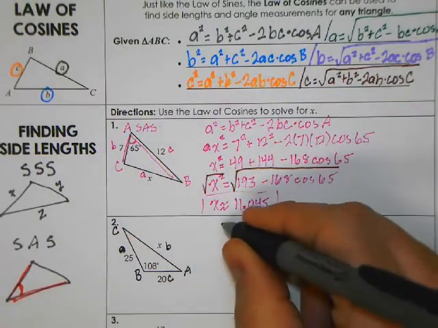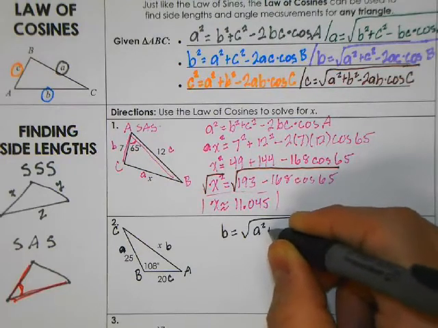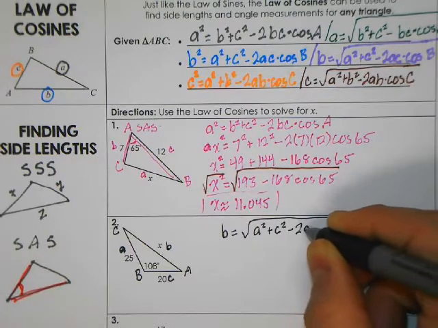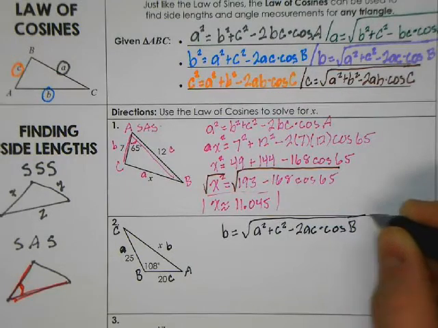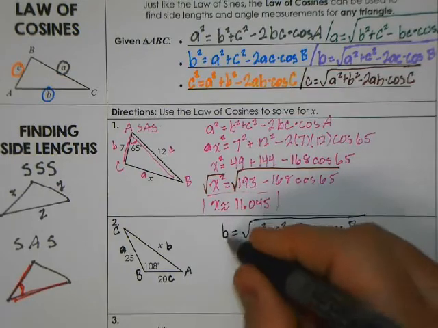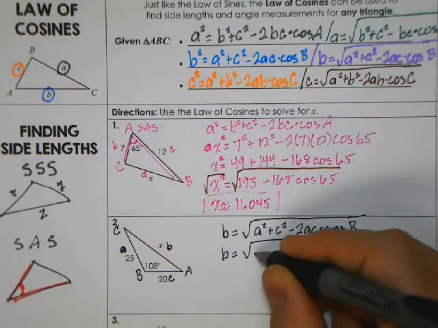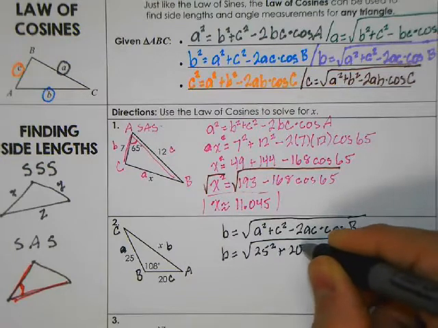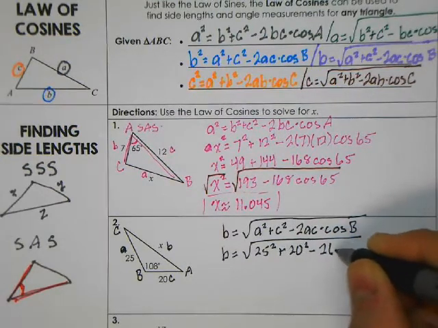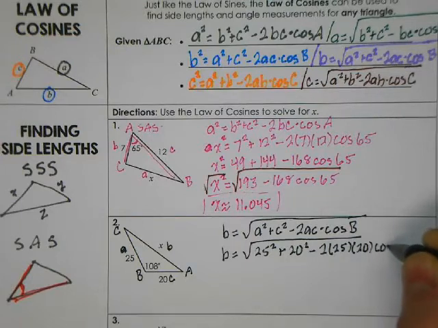I'm going to say B is equal to the square root of a squared plus c squared minus 2 times a times c multiplied by the cosine of angle B. And at this point, I'm going to plug in my numbers: the square root of a squared, in this case 25 squared, plus c squared, which would be 20 squared, minus 2 times 25 for a, times 20 for c, times the cosine of angle 108.